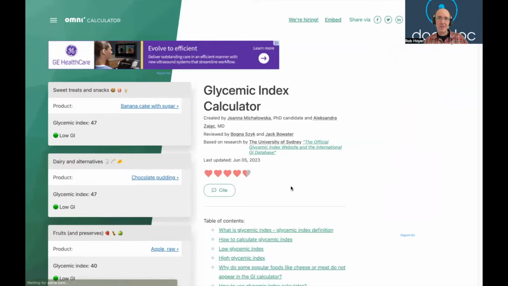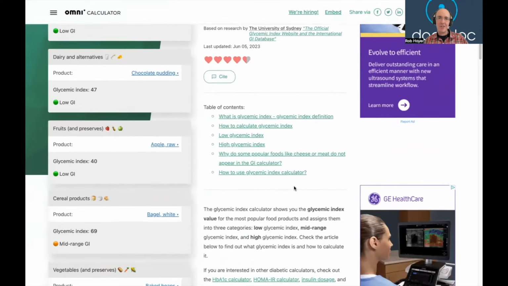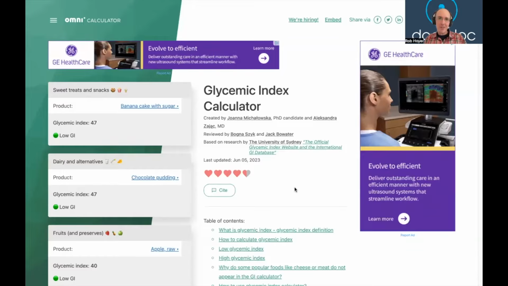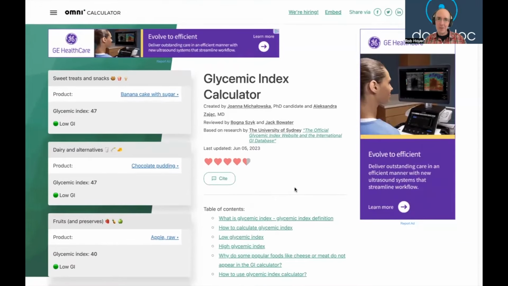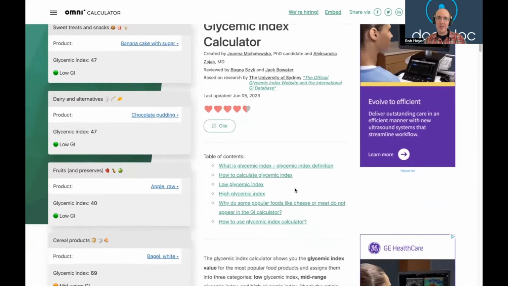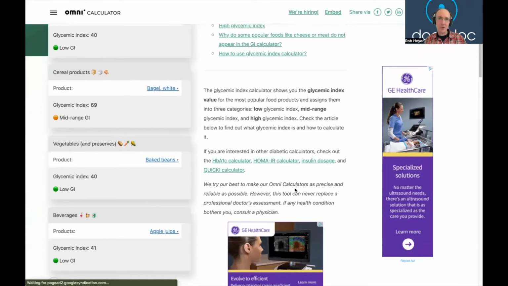Okay, so let's go into the glycemic index and talk about what that is. I'll get my screen share going. What is glycemic index? This is an attempt to figure out, for a specific food, how much it will raise a person's blood sugar.